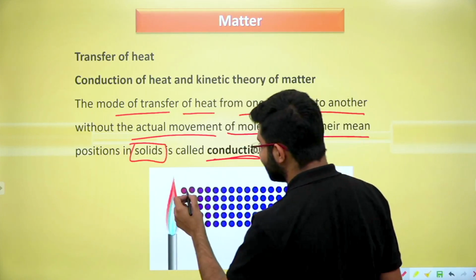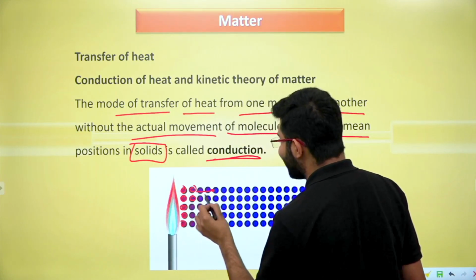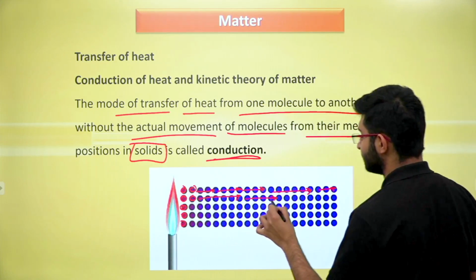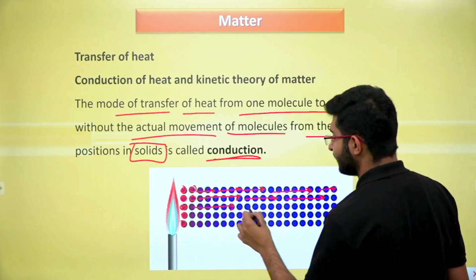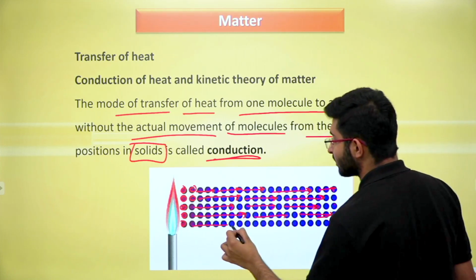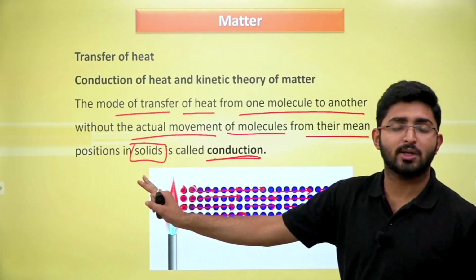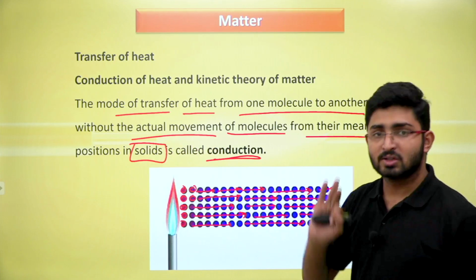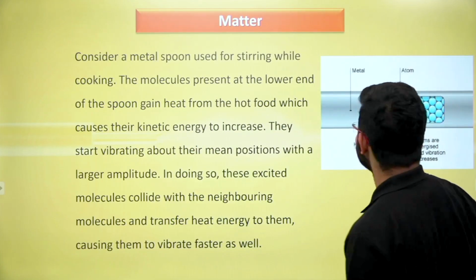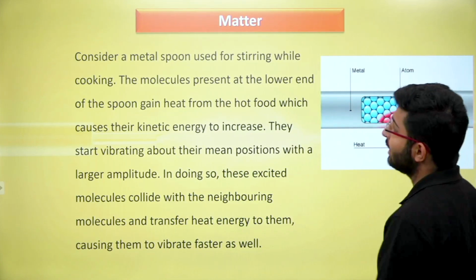Like here we are heating these molecules, so they will pass on this heat from one end to the other like this. This is how heat is transferred from one molecule to the other molecule in solids, and this process is known as conduction. For example, consider a metal spoon used for stirring while cooking.